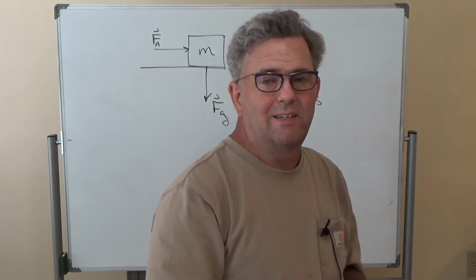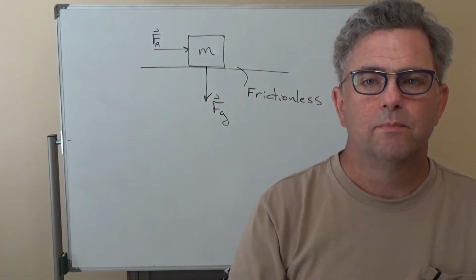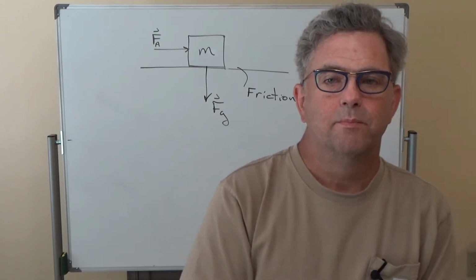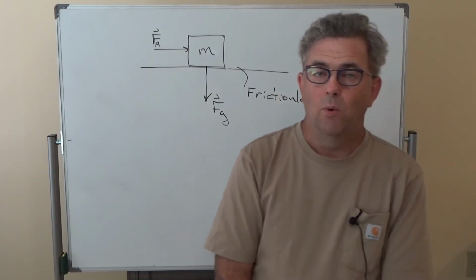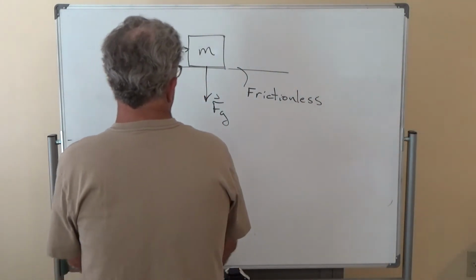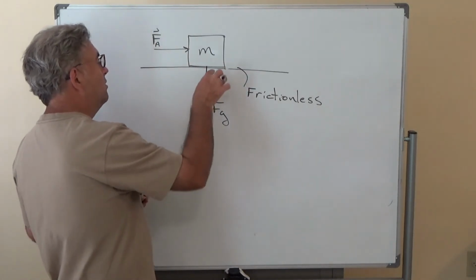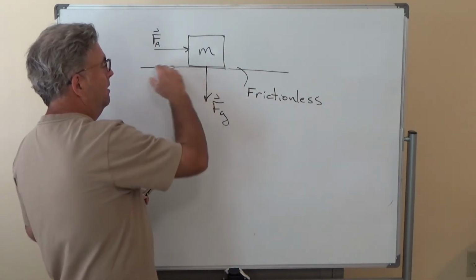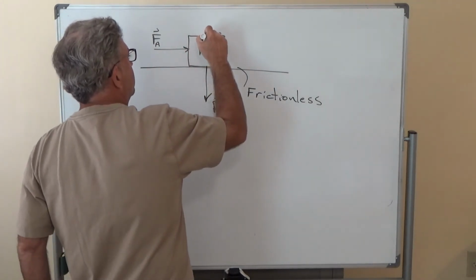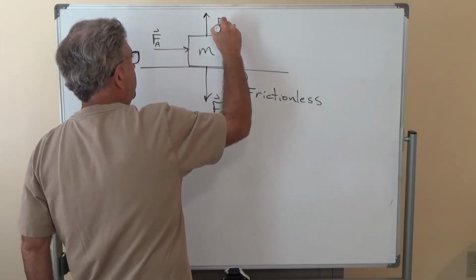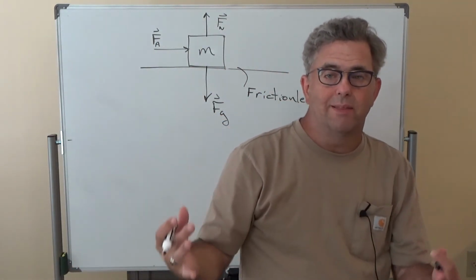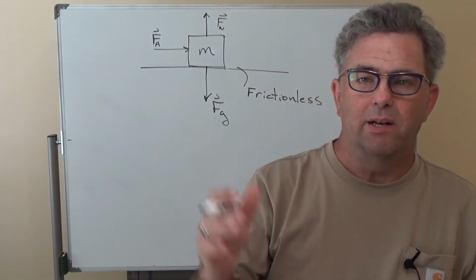Any other forces acting on the object? Well, there is another force acting on the object. It's the force between the surface and the mass. That force is what we call the normal force, and I usually write it as F sub n. Some people call that the contact force and write it as F sub c.